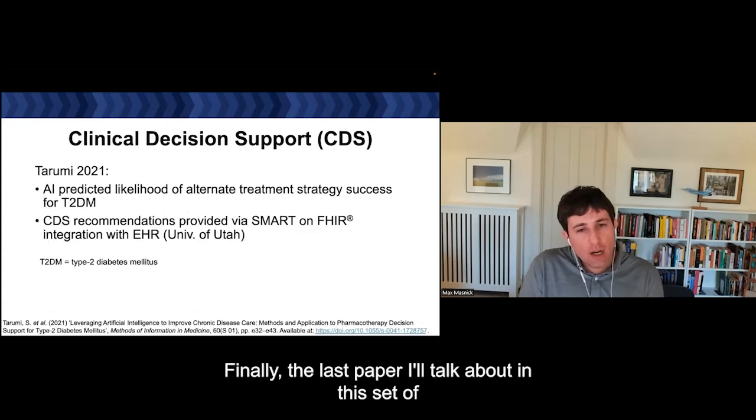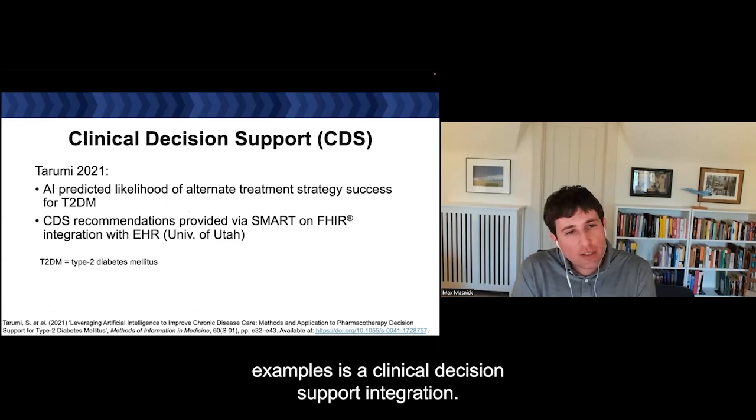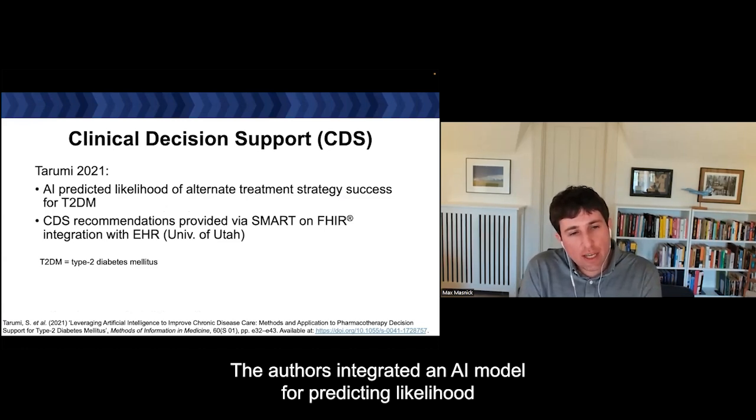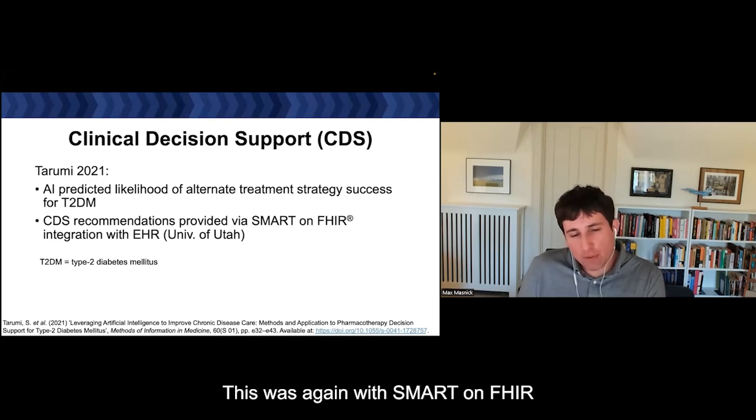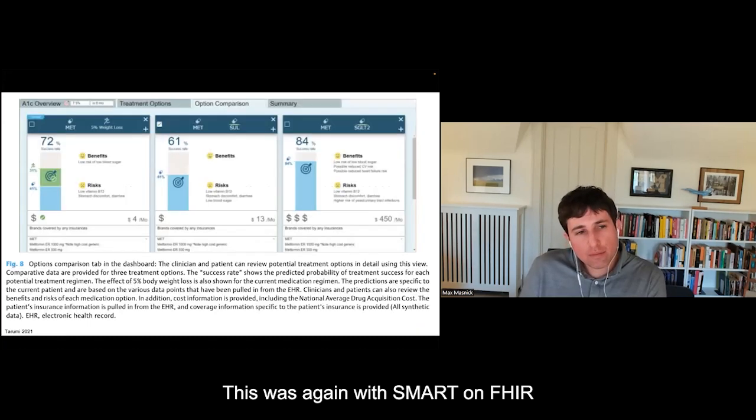Finally, the last paper I'll talk about in this set of examples is a clinical decision support integration. The authors integrated an AI model for predicting likelihood of alternate treatment strategies for type 2 diabetes into University of Utah's EHR. This was again with Smart on FHIR.